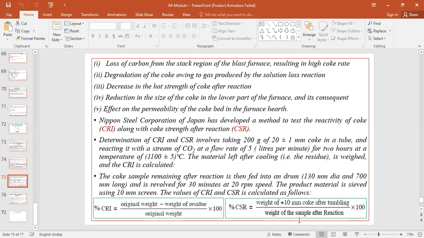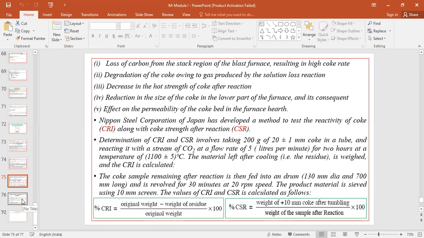That is the weight of the coke residing on the 10 mm screen after this ball milling, divided by the weight of the initial sample, into 100. So this will give the percentage of CSR, the coke strength after reaction.